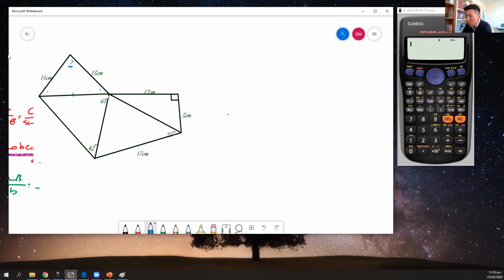Now, since this side is not known, I can use previous information. So hence, rather than focus on this triangle, I'm going to focus on this triangle, right? Now, if I want to find this side over here, I have a given angle.